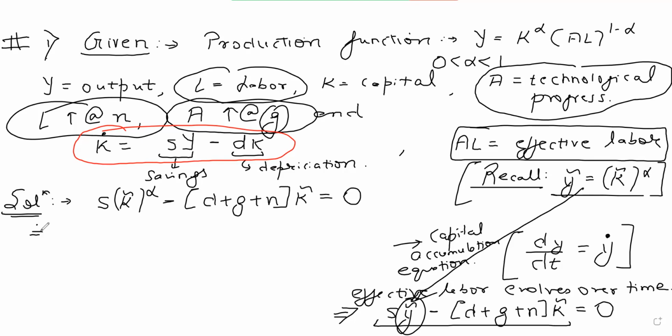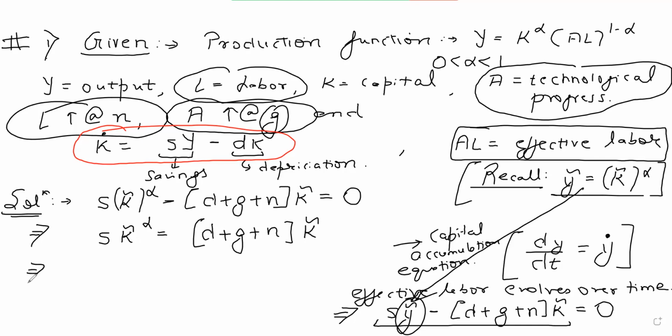If I solve this further, what do I get as my k tilde? So it's s k tilde to the power alpha equal to (d plus g plus n) times k tilde. This is what I get.